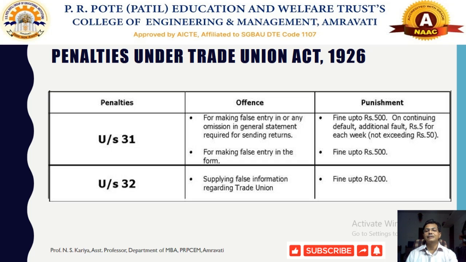On continuing the default, an additional rupees 5 for each week, not exceeding rupees 50, can be imposed on that office bearer as well as on the trade union.